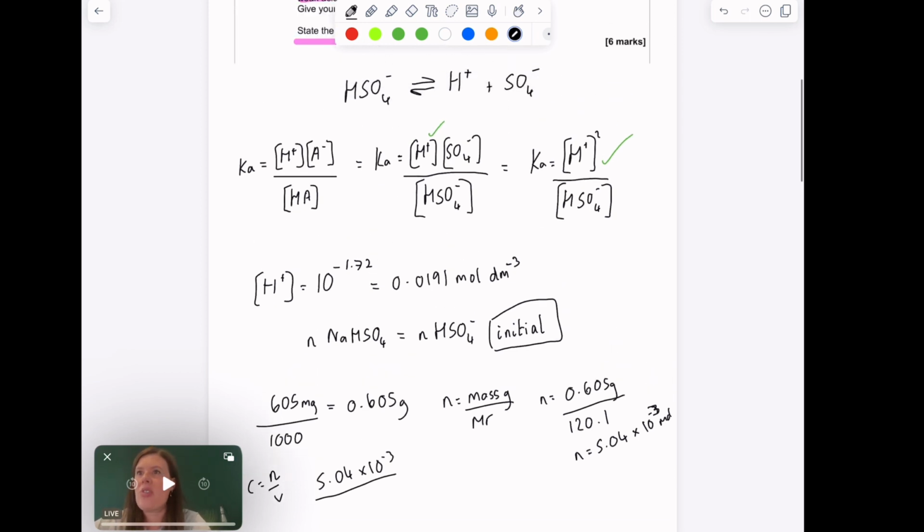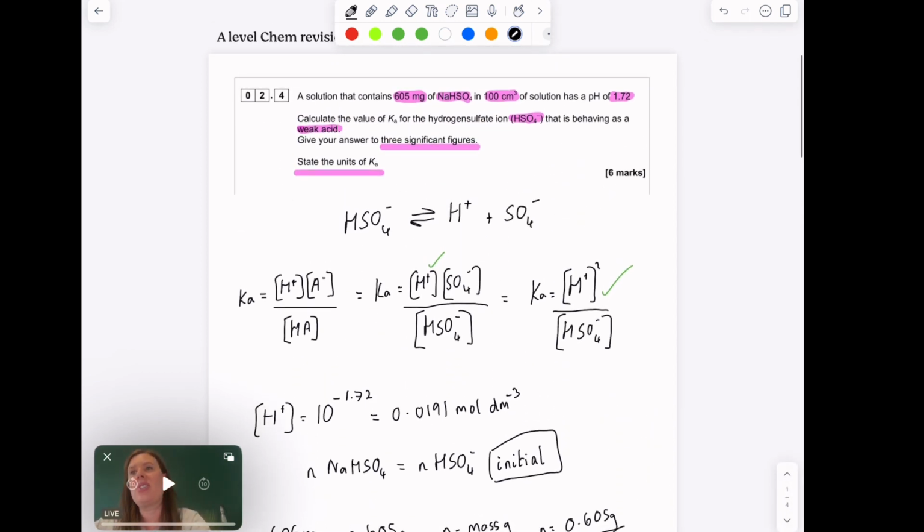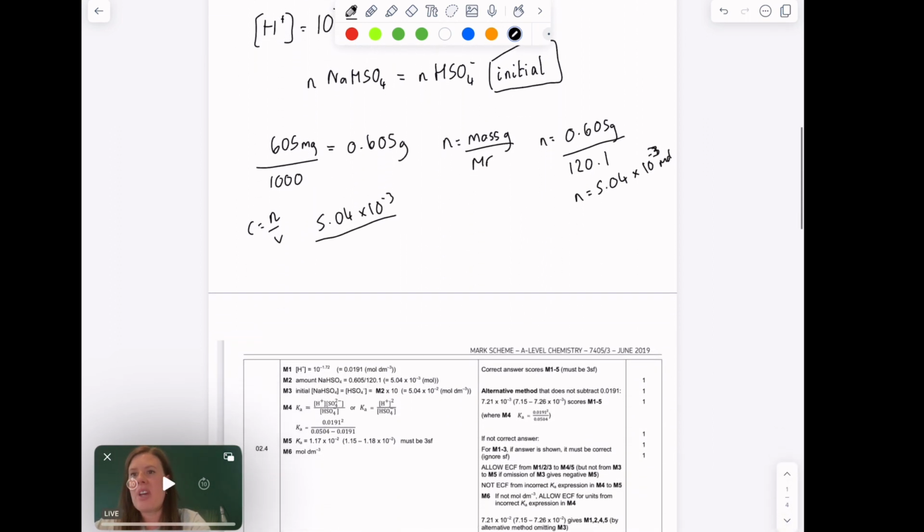And if we scroll back up, you can see that it was in a solution of 100 centimetres cubed. So again, I'm going to have to convert that to decimetres cubed by dividing by 1,000. And so I would divide my moles by 0.1 decimetre cubed. And if you do that, then what you will have is 0.0504 moles per dm cubed as our concentration of hydrogen sulfate ions.